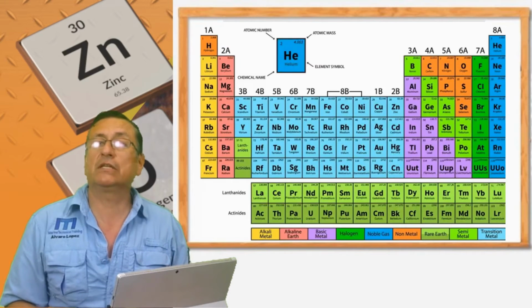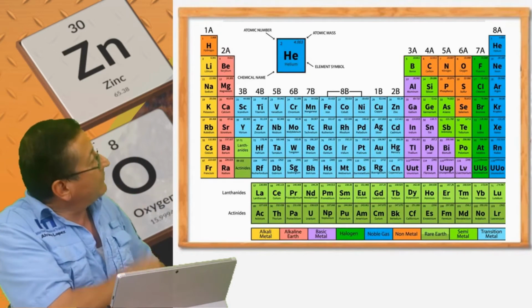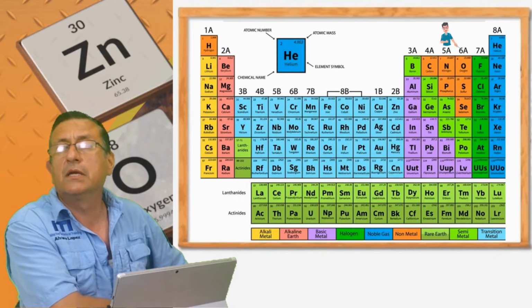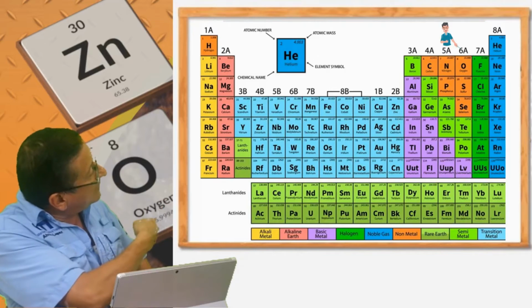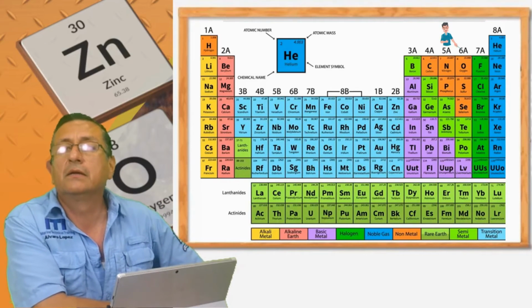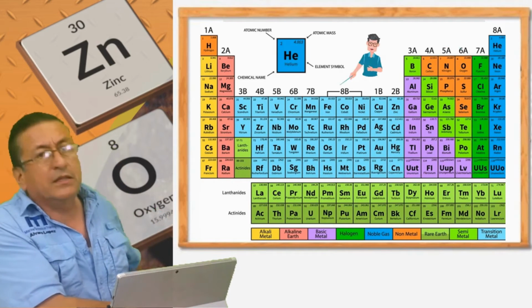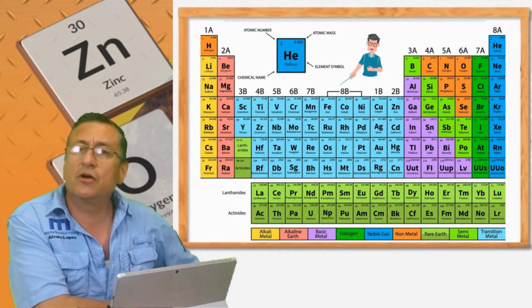You remember in the periodic table, we have the oxygen in group number 6 with high energy, and the majority of the metals are located in the transition metals, in the center.